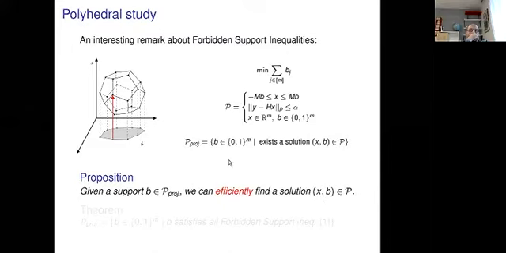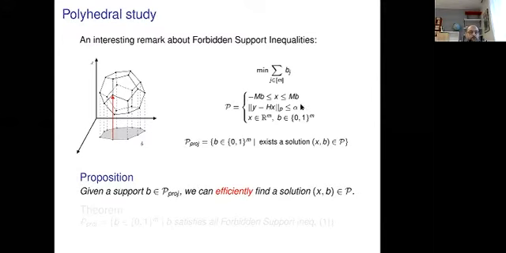And by efficiently, I mean either by solving an LP if I'm using the norm 1 or infinity, or by solving a least squares problem if I'm using the Euclidean norm.